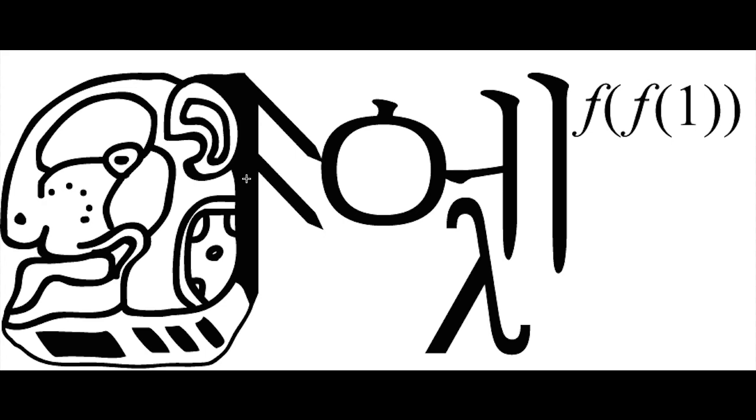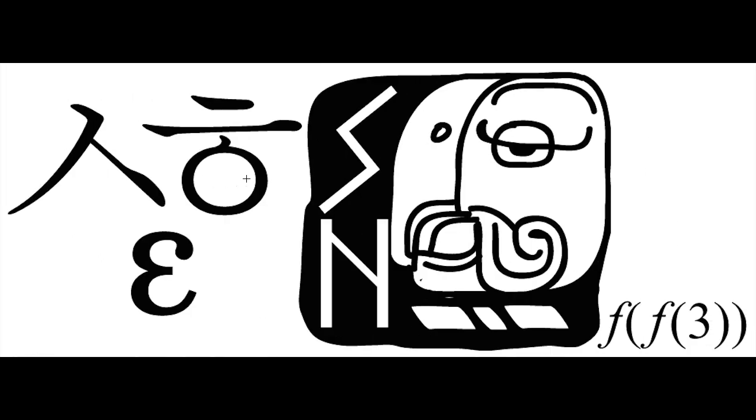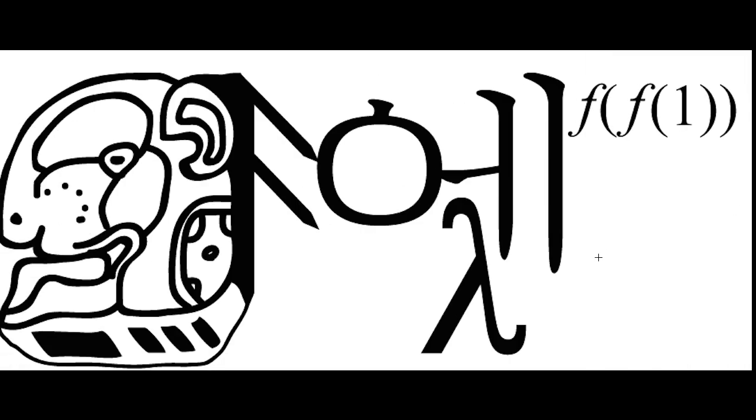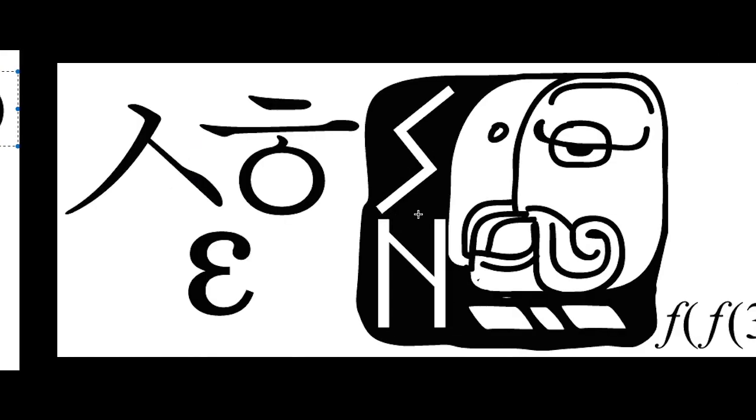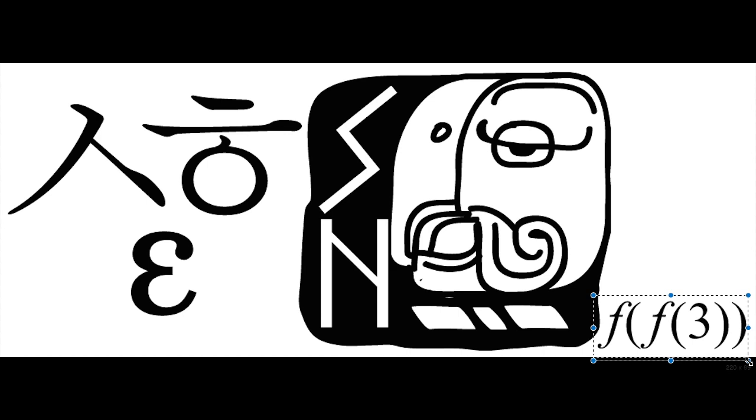This is the title we talked about in the previous video, and here is the new title that we're talking about. One thing that you'd surely notice is, just as there was this f of 1 exponent in the previous video, there is an f of 3 marking here in this title.